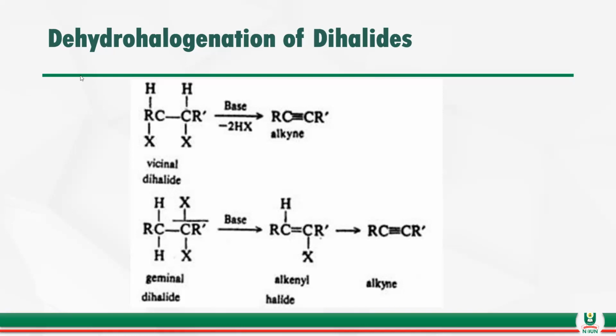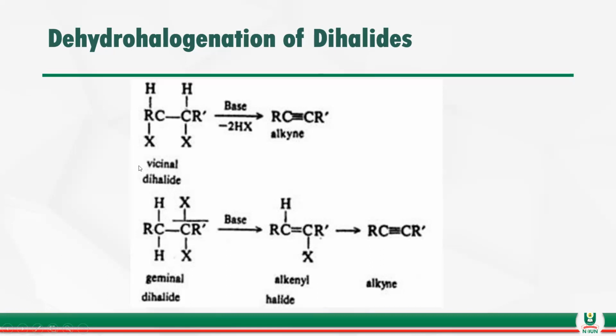You can see this carbon here has one halogen, and the second halogen is on this carbon. That is a vicinal dihalide. So with base, you can remove the halogens and then you have an alkyne. R here stands for anything. R could be hydrogen, R could be an alkyl group, R could be a phenyl group.